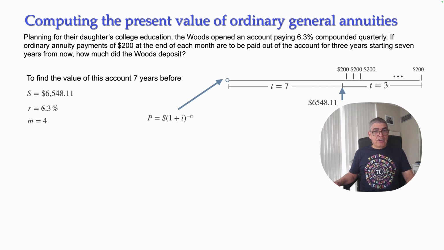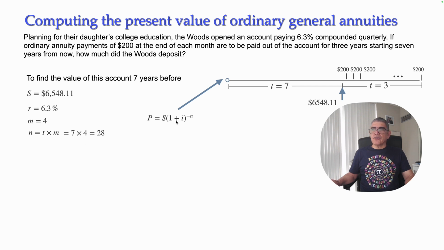So the periodic rate of interest i here will be 6.3% divided by 4, or 0.063 divided by 4. And then it will be 7 years multiplied by 4, because this is compounded quarterly. So in this case, it will be 7 times 4 equals 28.